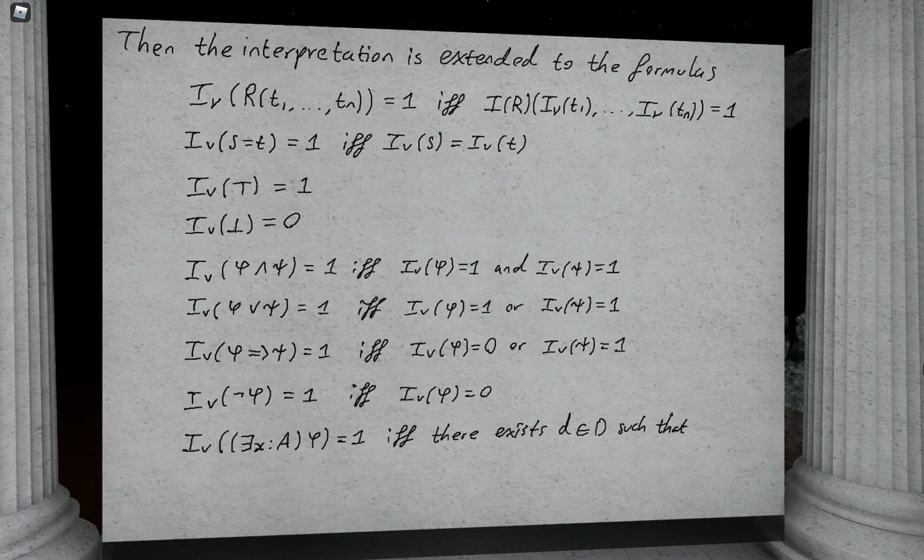So the interpretation of there exists X such that phi evaluates to 1 if and only if there is a particular element inside D where, once I amalgamate the valuation to map X to D rather than to whatever it used to map it to, we check whether that evaluates to 1.